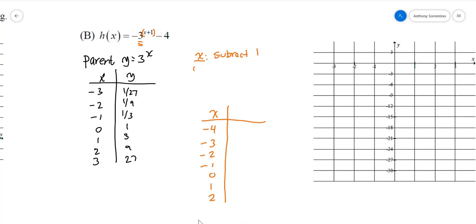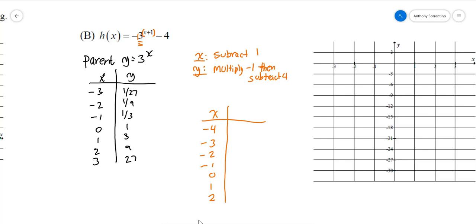The y's, I see a multiplication of negative 1, I see a subtraction of 4. I do both those operations, I follow the order of operations. So I'm going to multiply by negative 1 and then subtract 4. So 27, I'm going with the numbers that are easier to compute, the integers. 27 times negative 1 is negative 27.